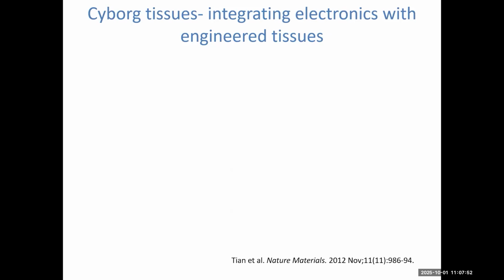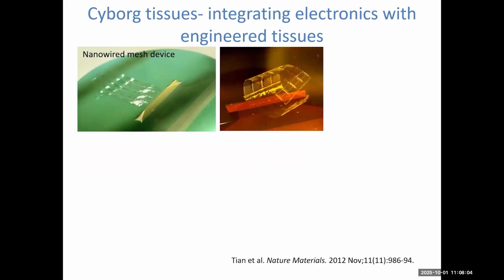Finally, the last series of projects that I'm going to show is what we call cyborg tissues, the integration of electronics with engineered tissues. And here what we've done, we created these nanowired mesh devices for electronics.